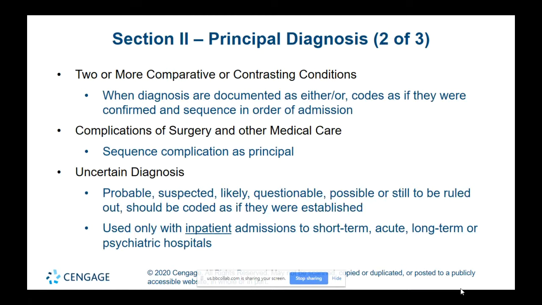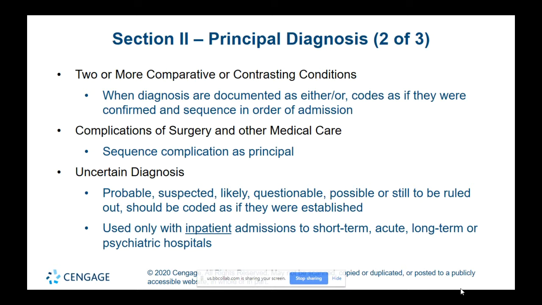Then there are two or more comparative or contrasting conditions. This is when the document says either/or, it could be this or that. In that instance, you would sequence them in the order of admission. To simplify, say a patient came in with fever and vomiting, and there's no confirmation on which one is the principal diagnosis, or they're conflicting.